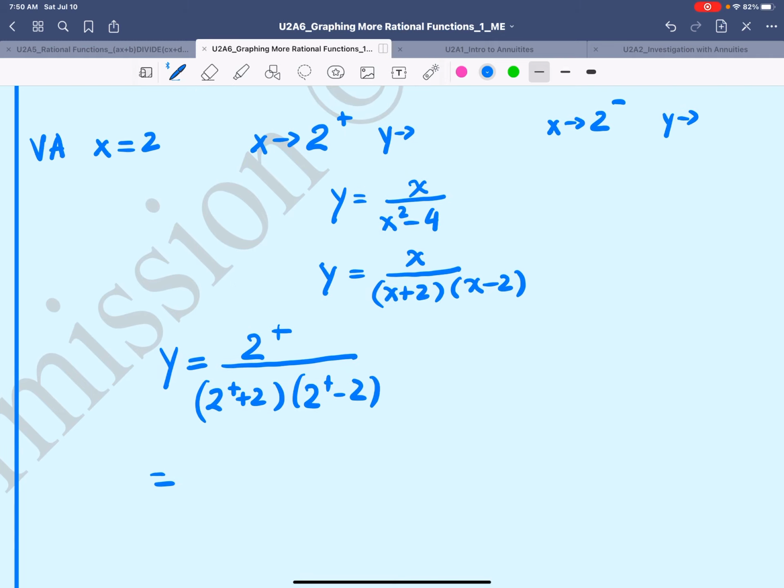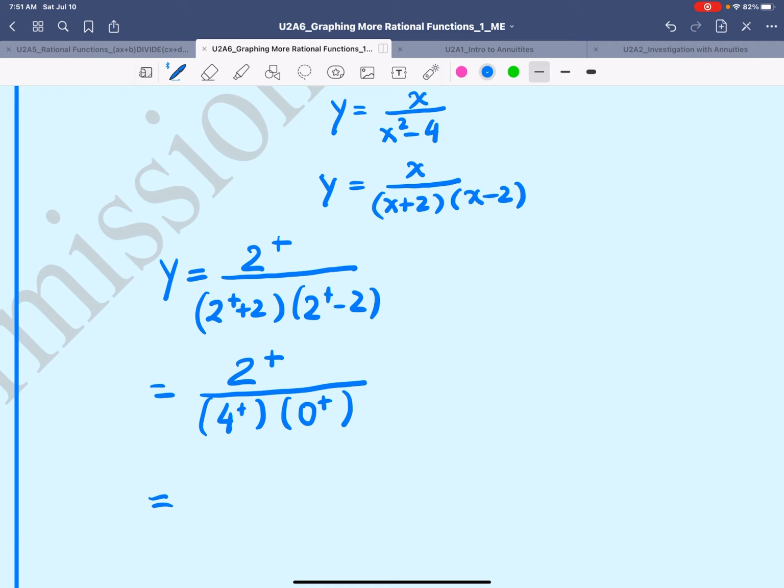So that equals 2 plus, which is a number slightly bigger than 2. 2 plus plus 2 will give a number slightly bigger than 4, multiplied by, and we have to be careful with this, this is the key calculation here. Imagine you have 2.0001, take away 2. We're going to get a 0 plus.